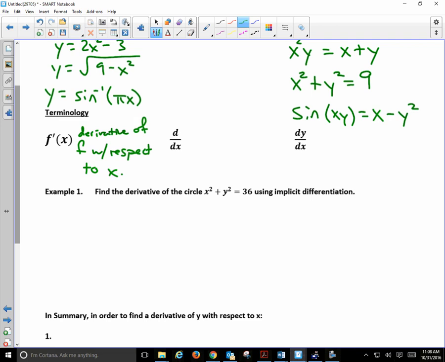But if we have d over dx, that's different. It does mean derivative, but it doesn't identify the function. It just simply means the derivative with respect to x.